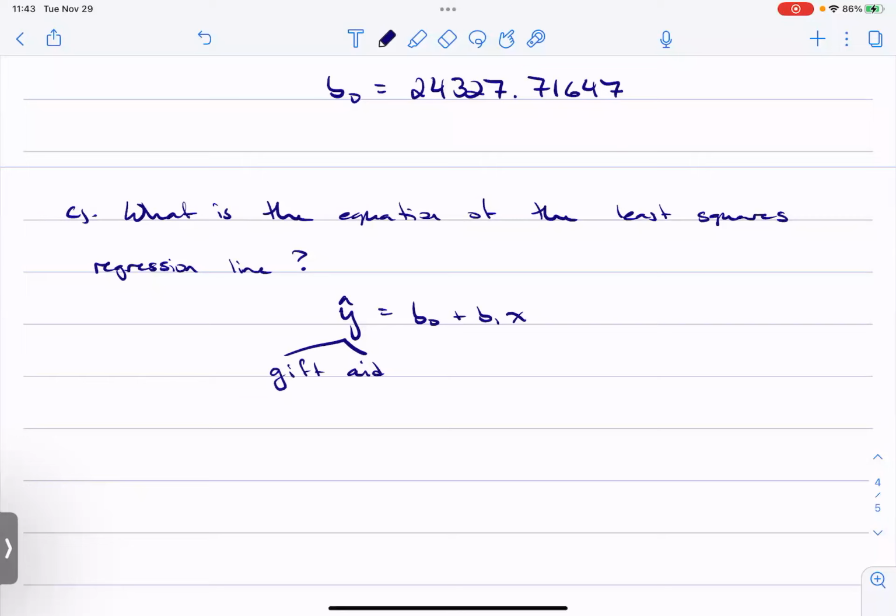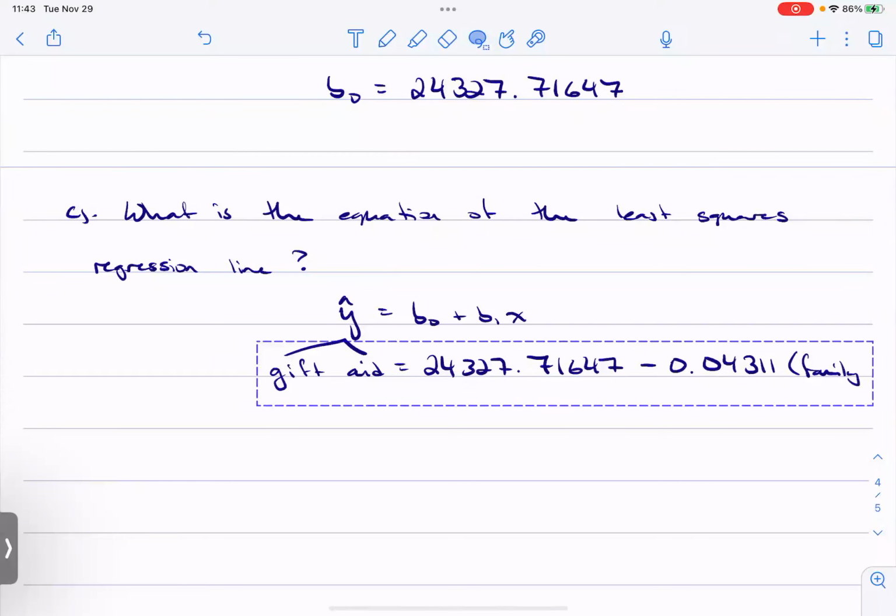The predicted gift aid is B0, which is 24,327.71647, plus the slope, but the slope is negative, so I'm going to make it negative, so minus 0.04311, rounding a little bit, times the family income.